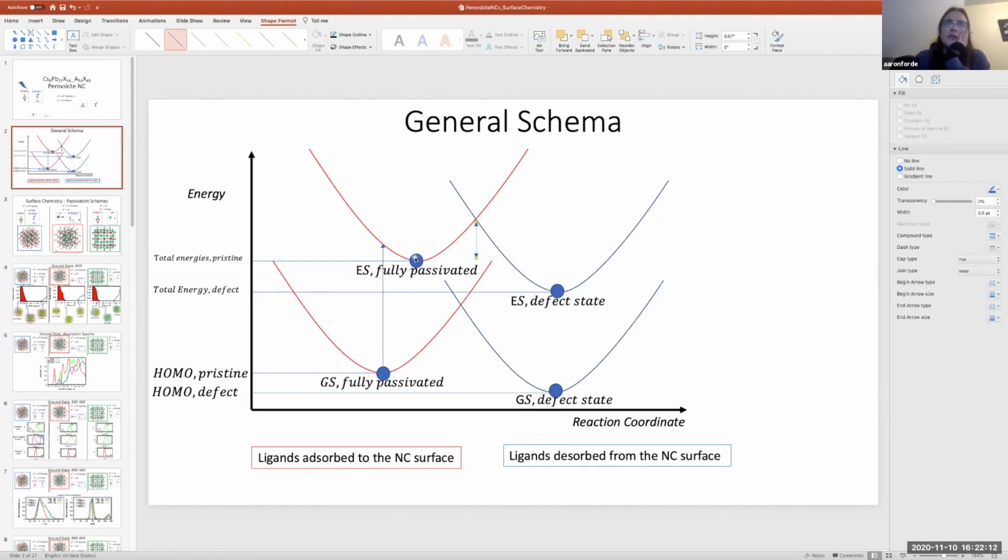That would be the activation energy for the ligand to desorb, comparing the excited states and the ground states.